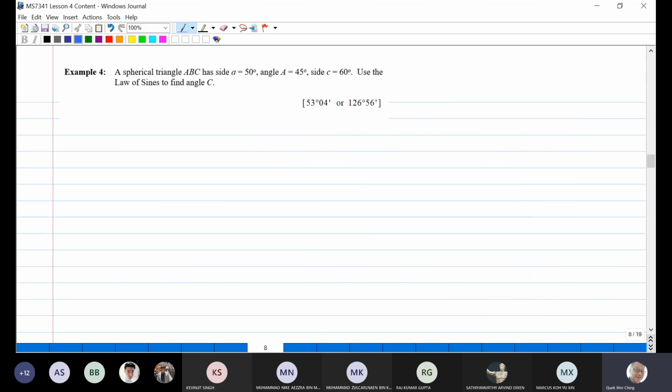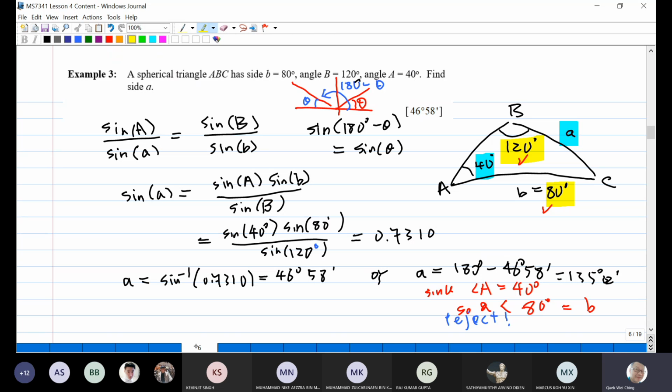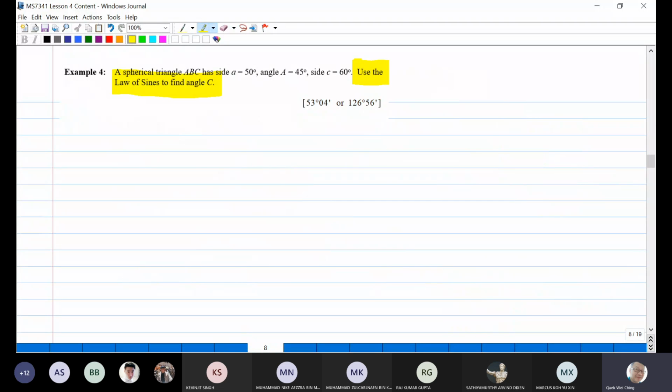For example, use the sine law to find C. In example 3, the next question tells you to use the sine law, so you just use it, because it helps you.